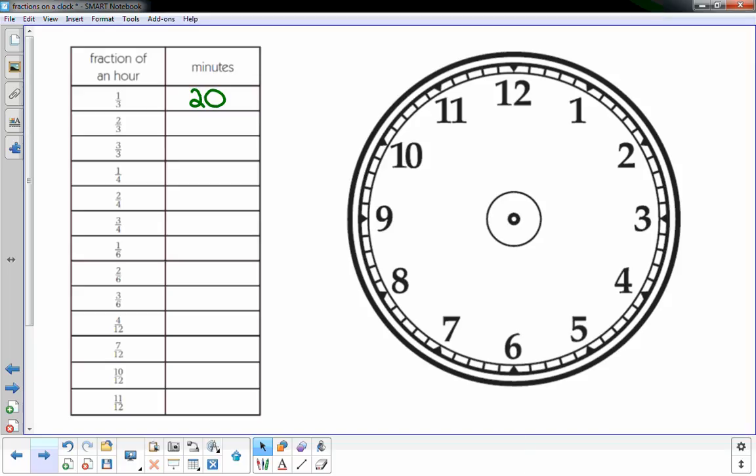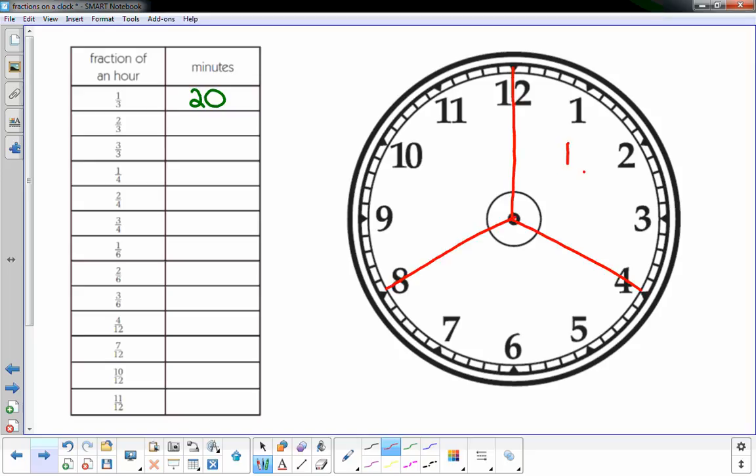Next problem's 2/3. Oh, it goes in order, 2/3 and 3/3. Okay, so I'm going to quickly draw my thirds. This is 1/3. 2/3 would be here, and 3/3 would be the whole thing.